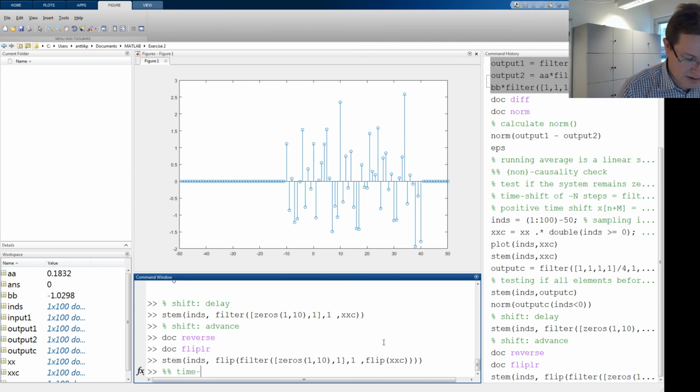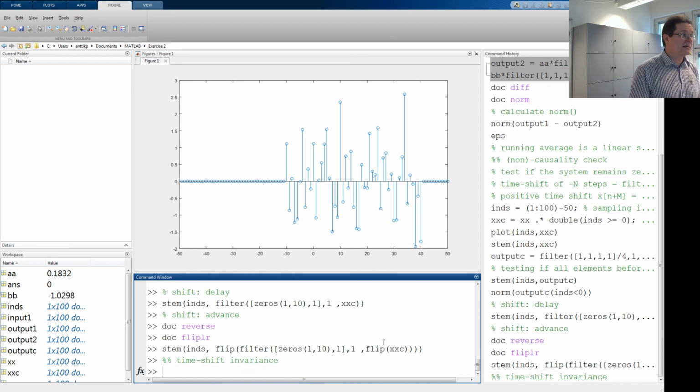Time shift invariance means that the system should produce the same output for delayed and non-delayed system.